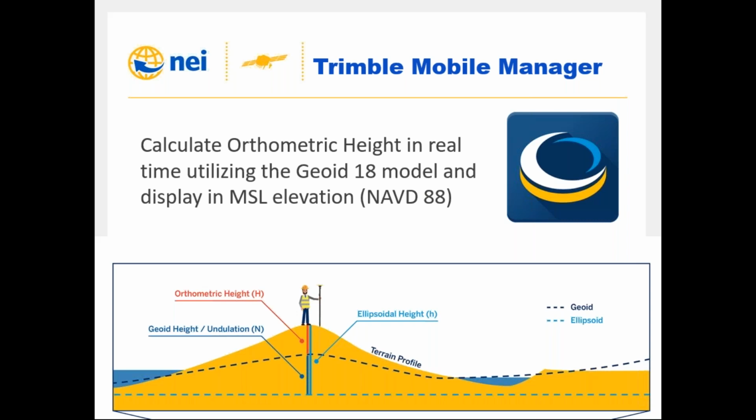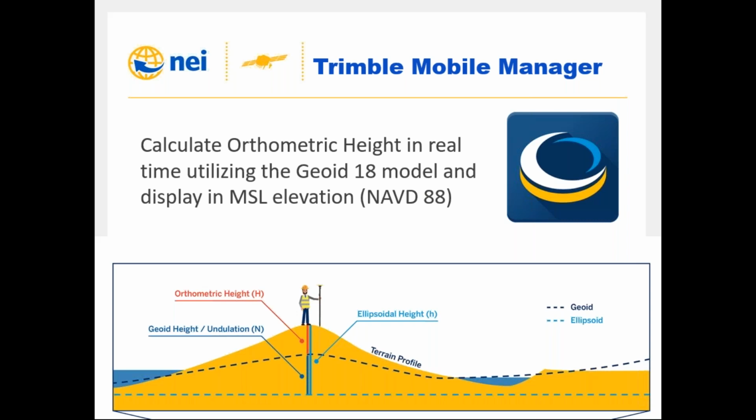An ellipsoid is a very simplified representation that's not specific to a certain area. It's good for the whole Earth, which is something that, with satellites, they're constantly in orbit, so they can't constantly recalculate based upon where they are. So this is the universal way for them to display height.